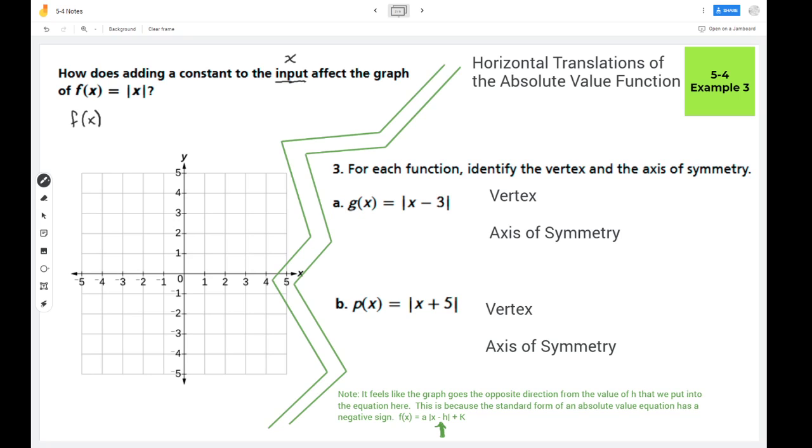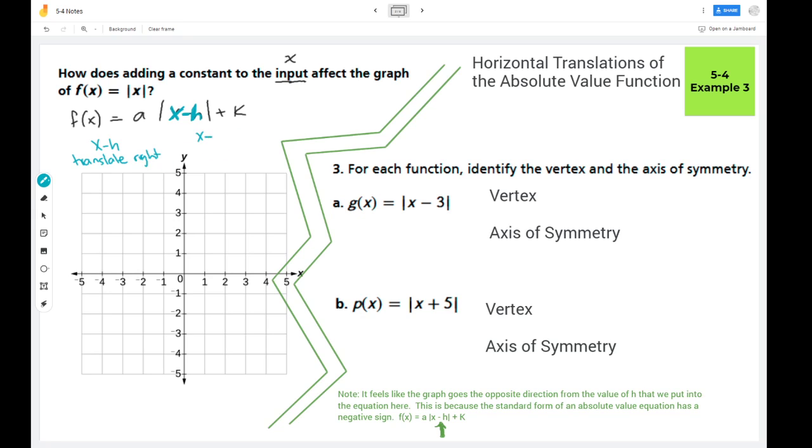Now recall the parent equation, or the general form of the absolute value equation, looks like this. And so what we are talking about is right here, when we have x minus h, or it might say x plus h. So if you have x minus h, the graph is going to translate to the right.